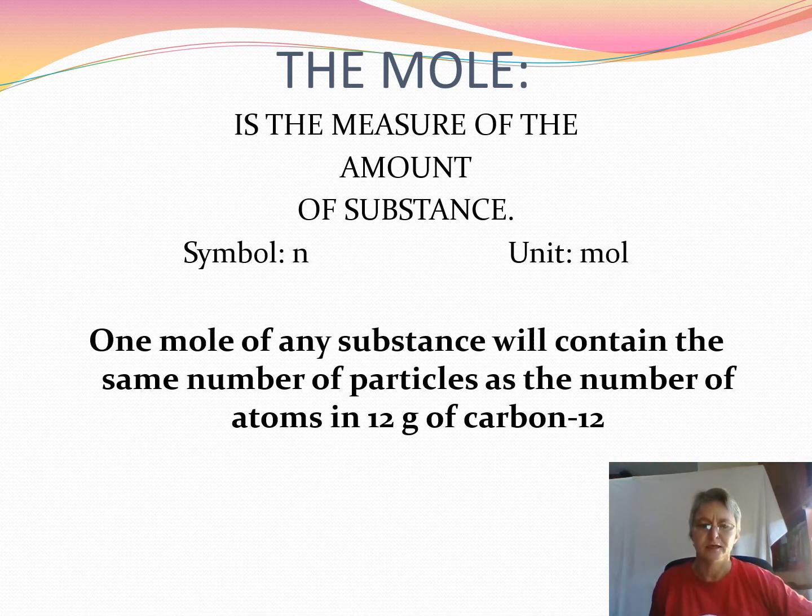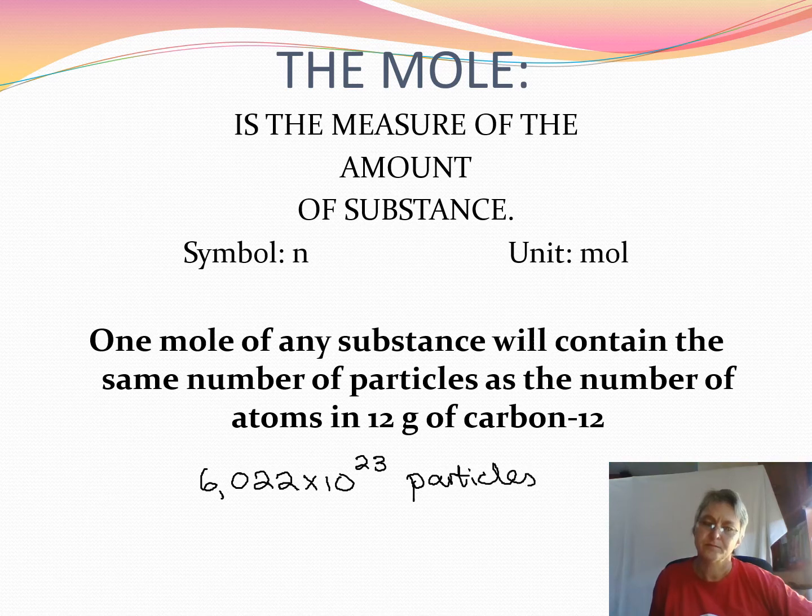Carbon is taken as the most common element. And we know that the number of particles is 6.022 times 10 to the 23 particles. We'll discuss that a little bit later.